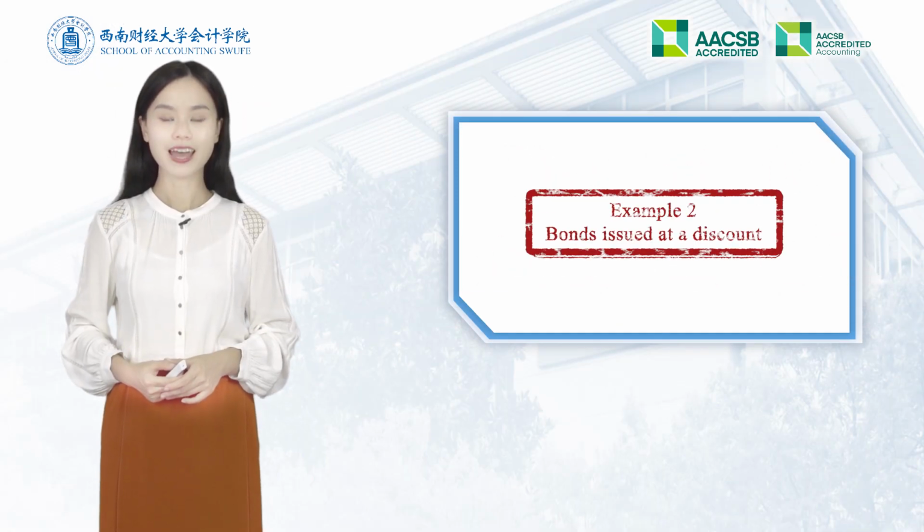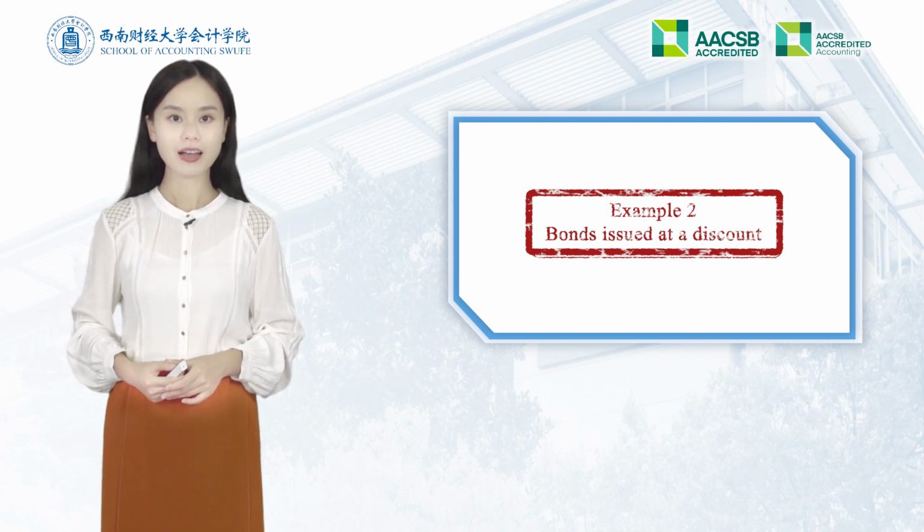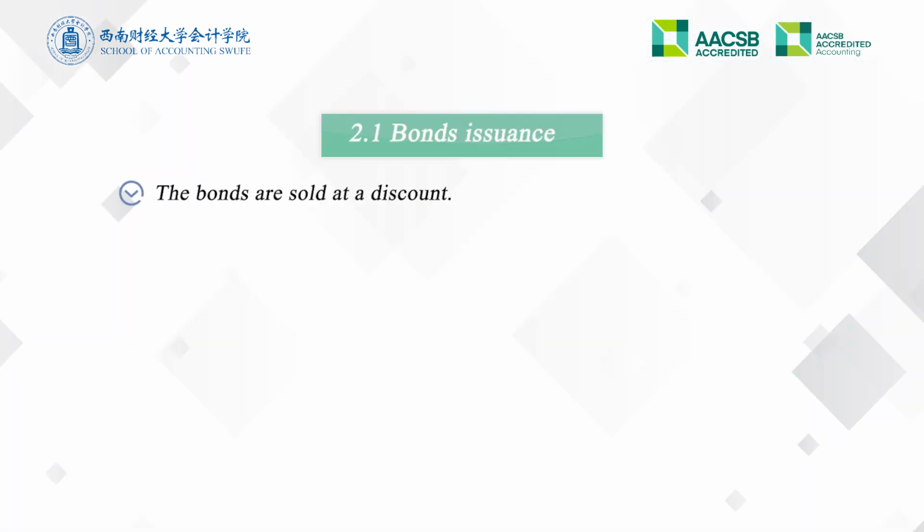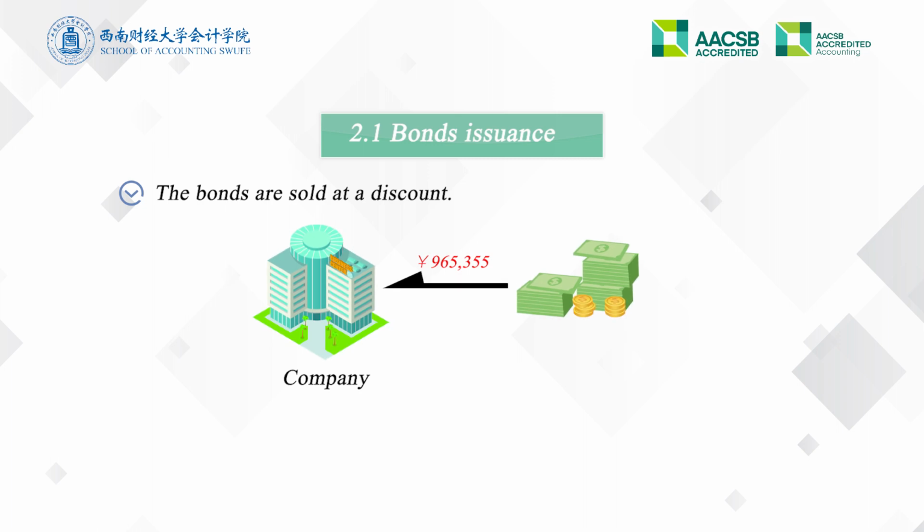Example 2. Bonds issued at a discount. Bonds issues. In the second example, the bonds are sold at a discount. On January 1st, 2015, the company sells bonds and receives cash of 965,355 yuan.